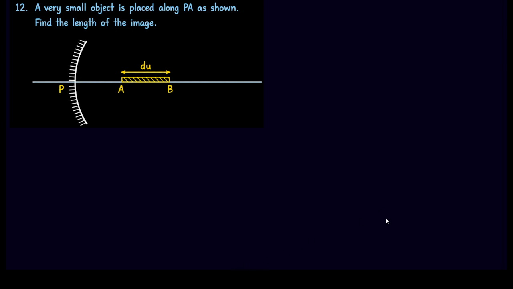If the length is considerable, then we find the image locations: we find the a dash location and the b dash location, so a dash b dash is the length of the image.